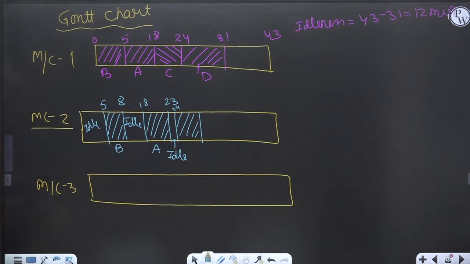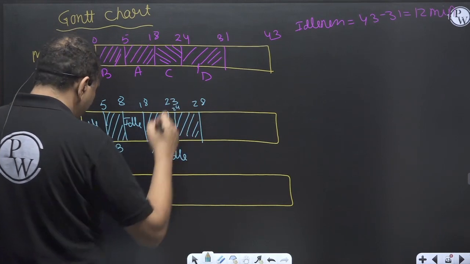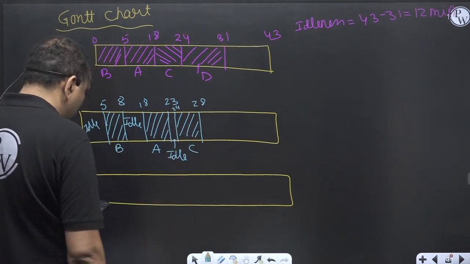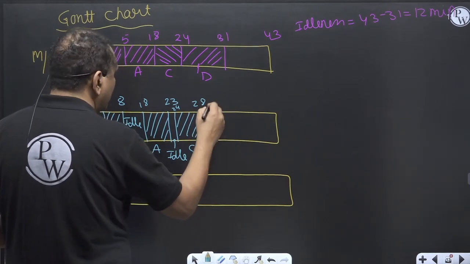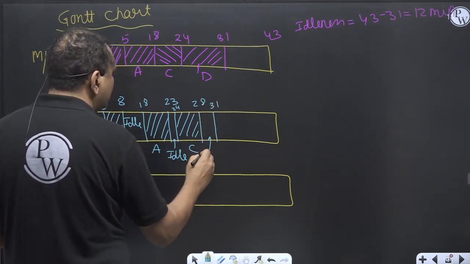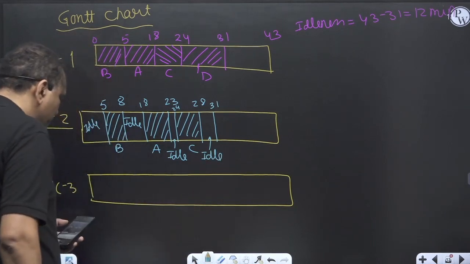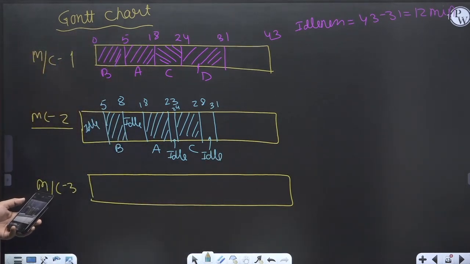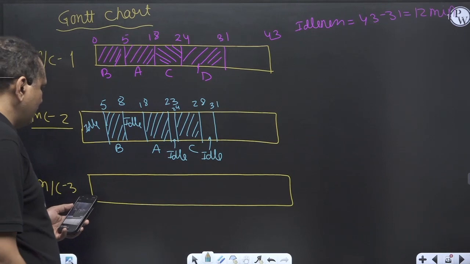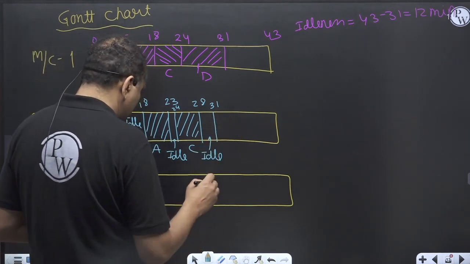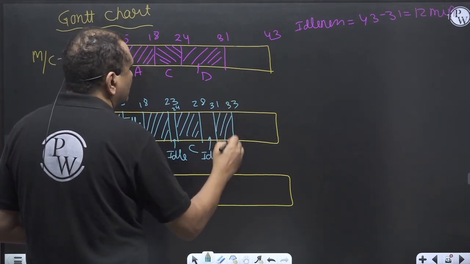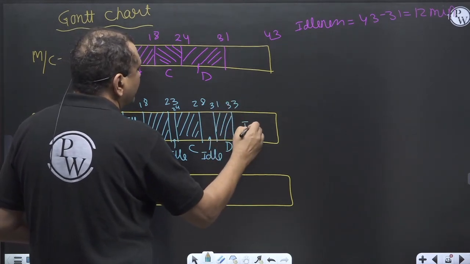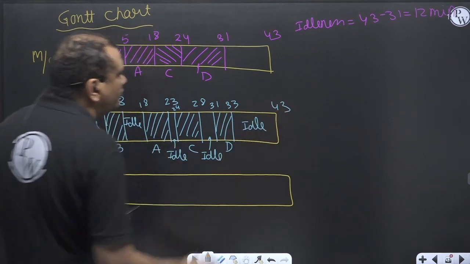I'm looking at my photograph, just see whatever you have noted down in the last slide. 31 to 33, it's D, and here again it's idle till 43.